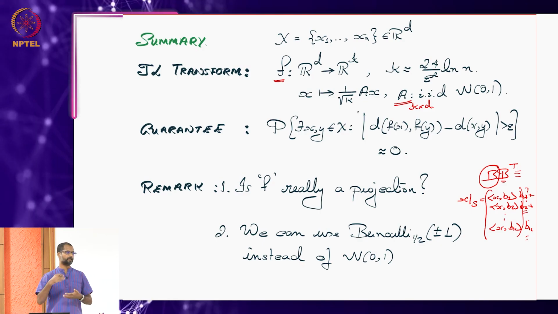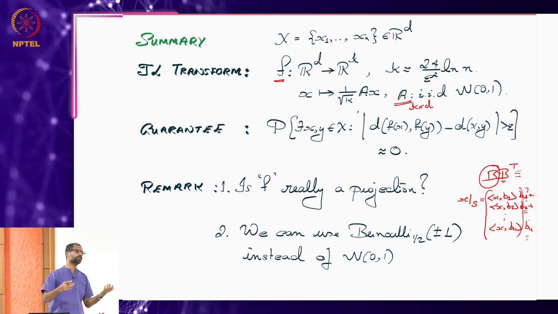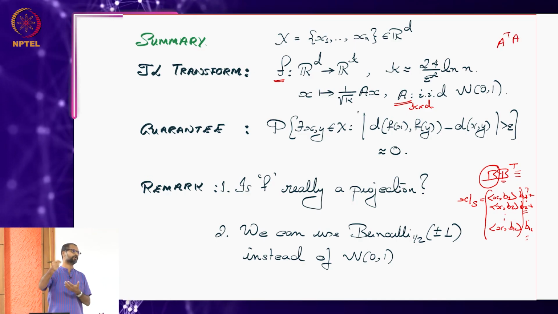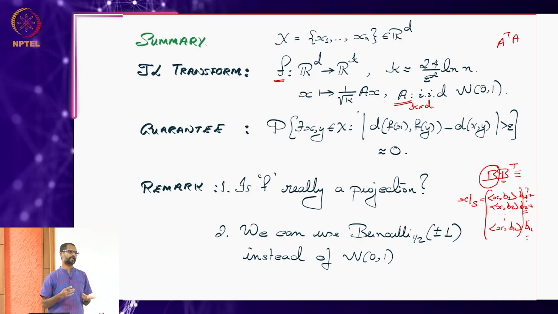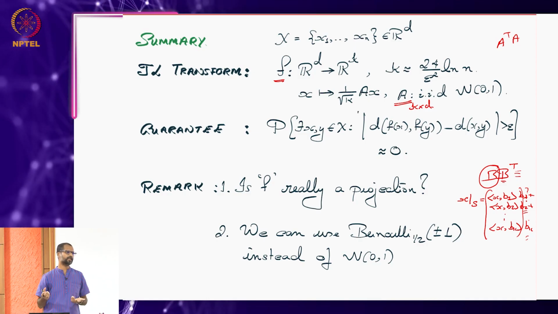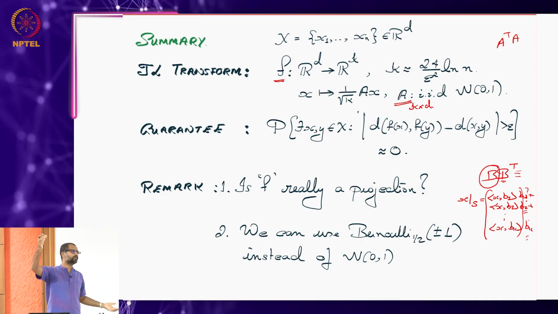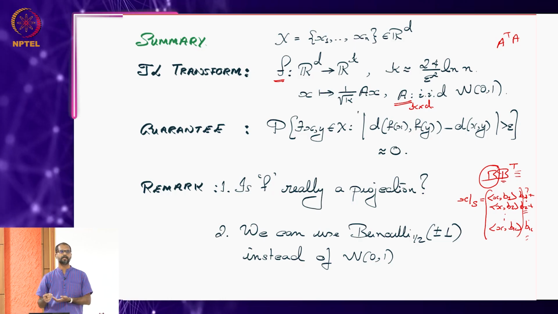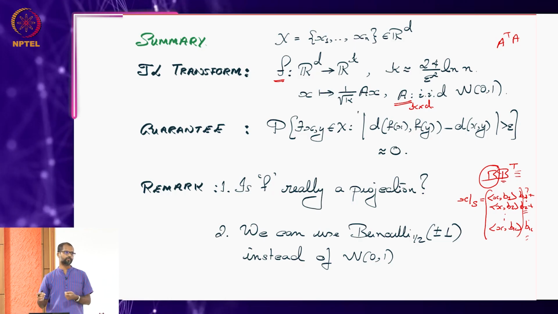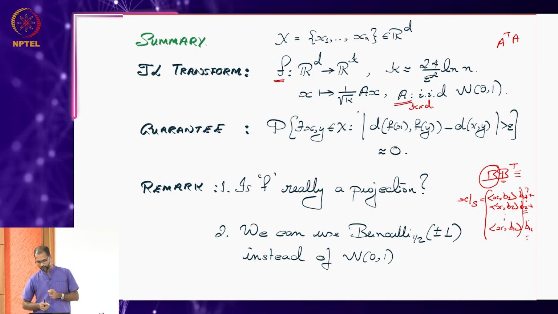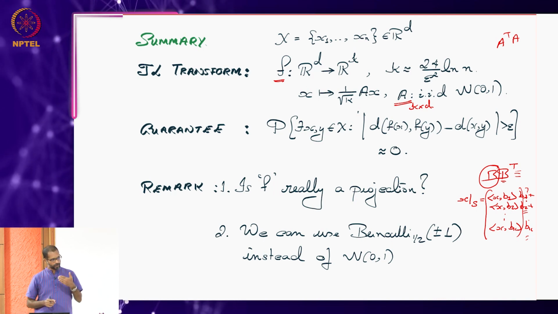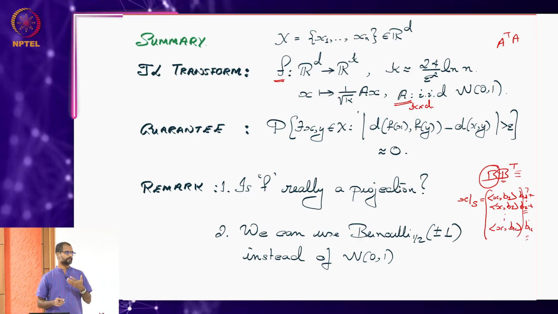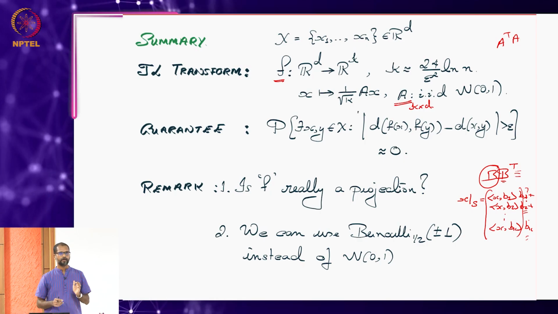So when you multiply with A, you could as well do A transpose A and then say you have represented the answer in the standard ordered basis, but you would really not want to do that. You would even have blown up the dimension back again. You would rather represent it as coefficients of b1, b2, ..., bk. So once more, this is not exactly a projection, but with very high probability it is a projection, because the rows tend to be orthogonal.